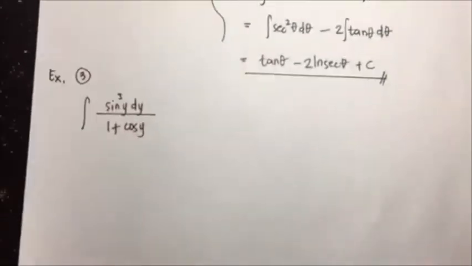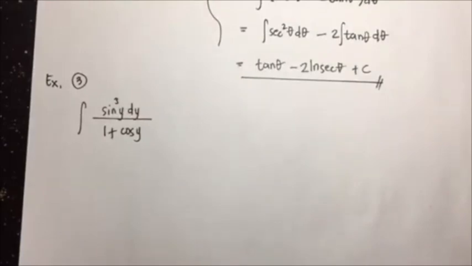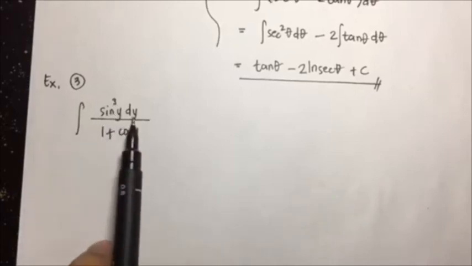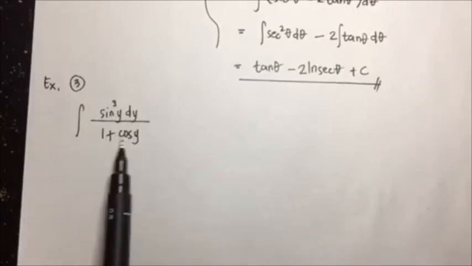So for our last example, we have the integral of sine cubed y dy over 1 plus cosine of y. In this problem, what we actually need to do here is to transform the integrand. So we have here sine cubed y dy, and then we have here 1 plus cosine y.